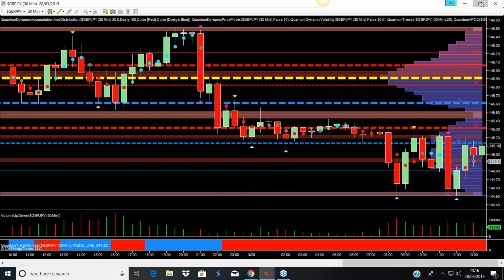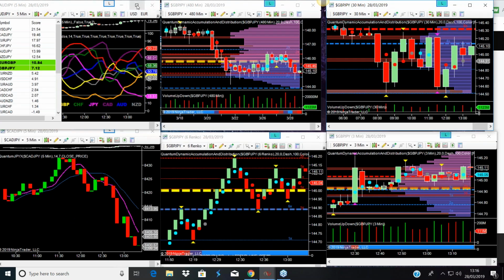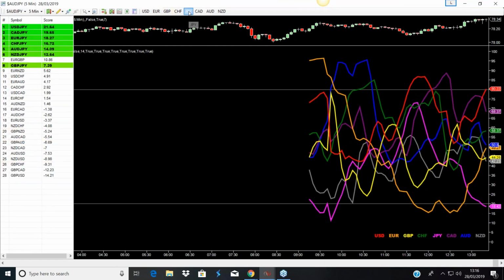Looking at the matrix, the pound yen in terms of the yen pairs is really way off the values of the other yen pairs. Although it's turning up slightly here because the yen is also reaching oversold, it may not be sufficient to push it out of either the 3-minute candle or the 30-minute candle.